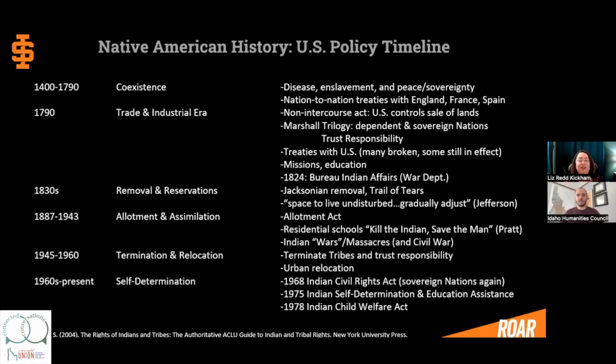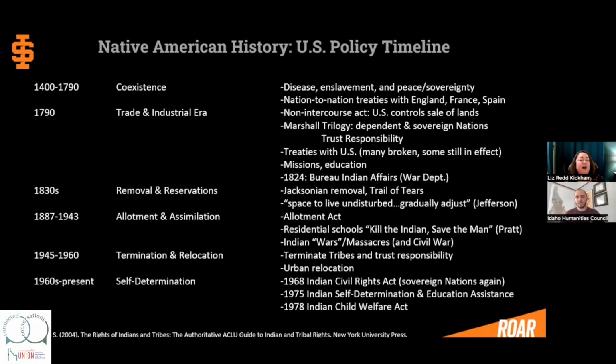And during this time period, 1790s to about 1830, we get the Marshall Trilogy. We get decisions that state that the United States government controls the sale of native lands, not states. The United States brokers those sales, and that's through the Non-Intercourse Act.